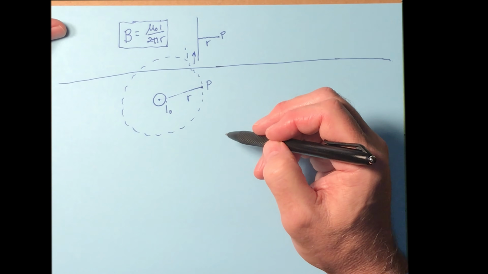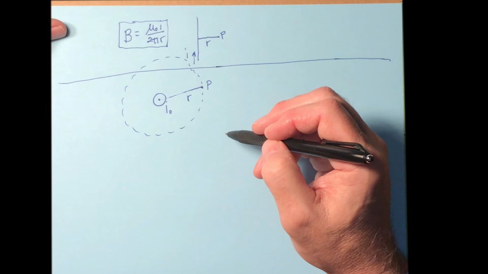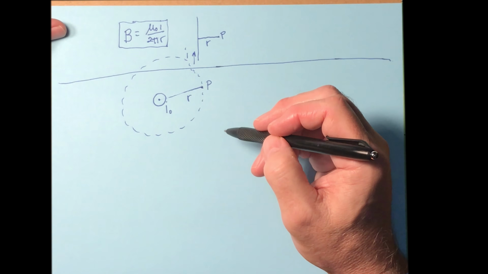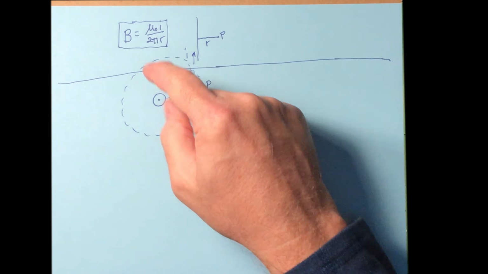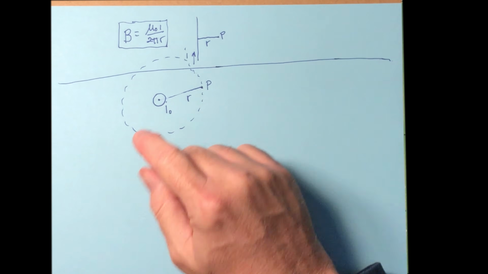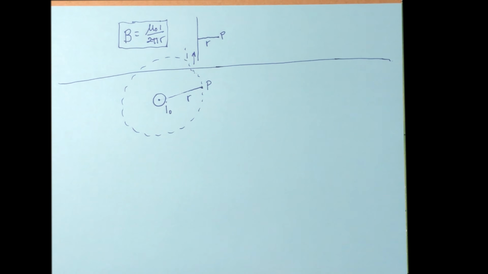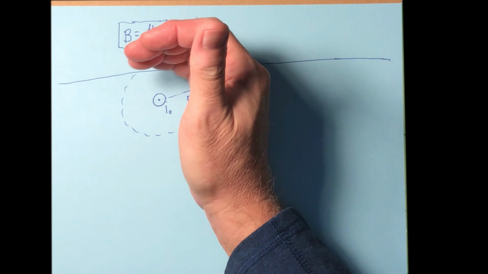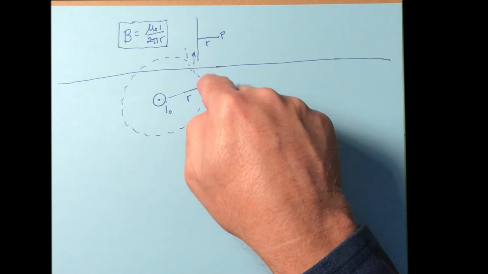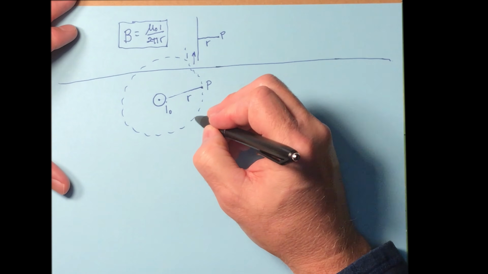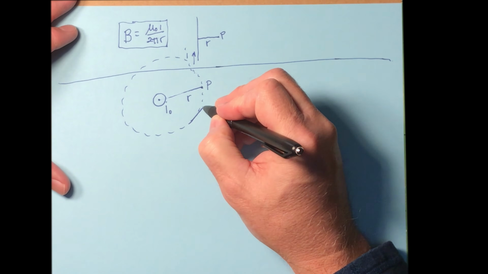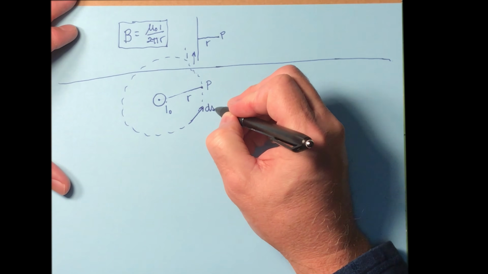Now, which direction do you want to traverse the loop? I'll give you a hint. You want to traverse your loop in such a direction so that the current right there is considered positive, and that way you don't have to worry about the sign. So we're going to traverse our loop in the counterclockwise direction that you see here. So when we go around this loop, our ds vectors are going to point like that.